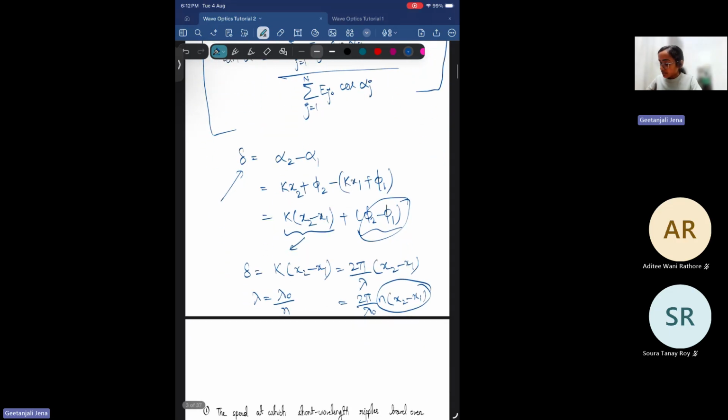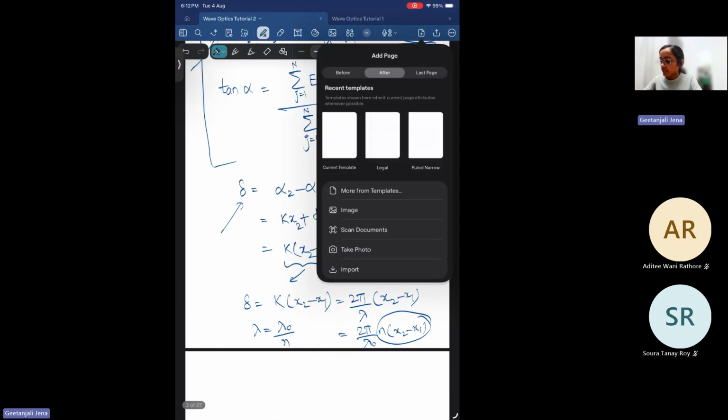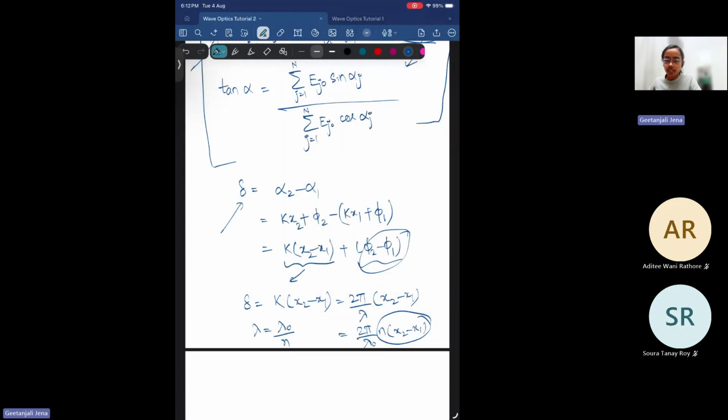So next, what we have seen: these are different methods to find the expression for the final composite wave, its amplitude and its phase angle. Afterwards, we saw that depending on the initial phase, we can have two types of sources.